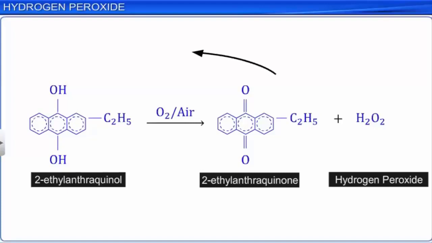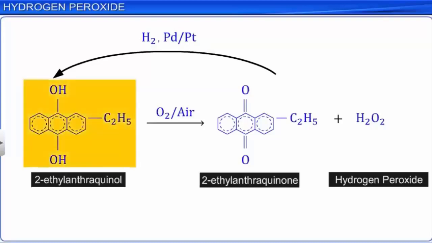For this, hydrogen under a pressure of 1 to 3 atmospheres at 4 degrees centigrade is passed over 2-ethyl anthraquinone. This gives back 2-ethyl anthraquinol, the reactant. This reaction gives a dilute solution of hydrogen peroxide. It is then extracted with water and the solution of the required concentration is prepared.